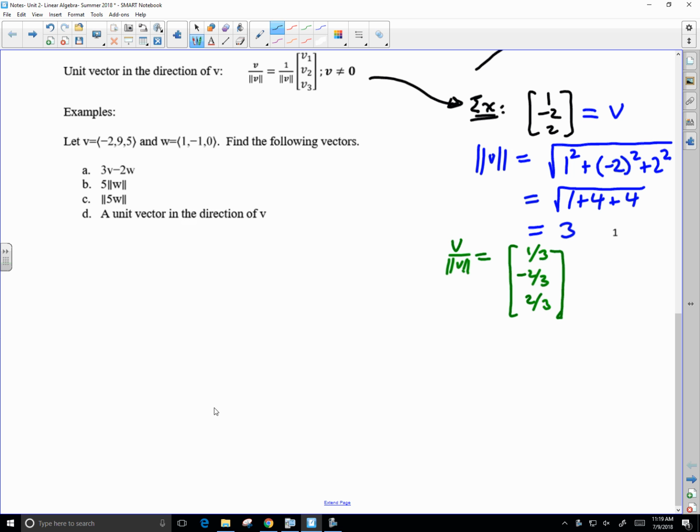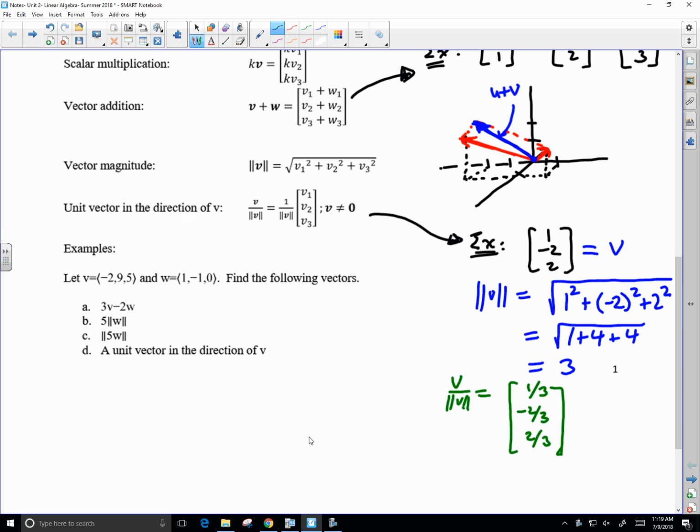All right, so we have vector V = [-2, 9, 5] and W = [1, -1, 0]. We want to find the scalar multiples and the difference and all that good stuff.